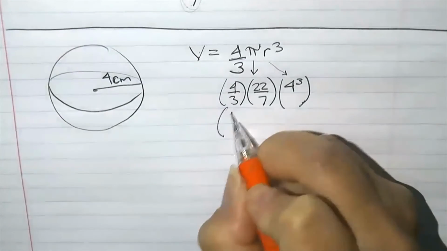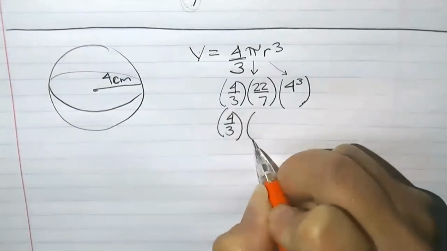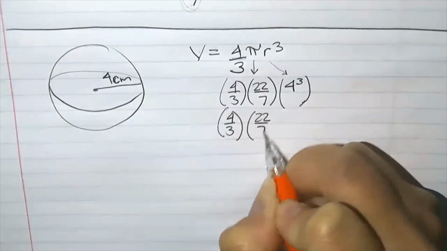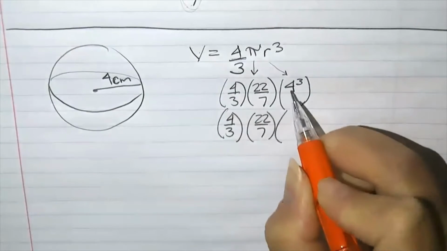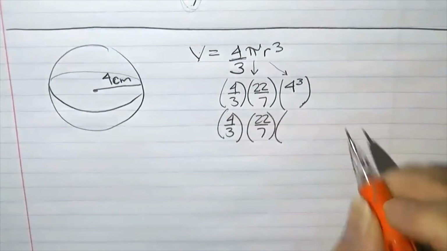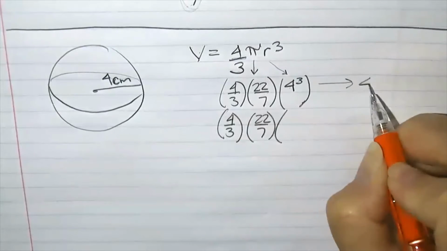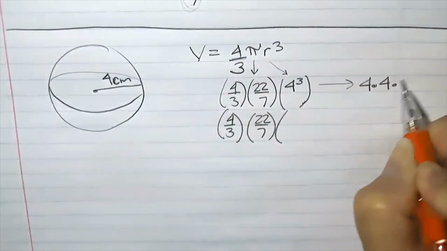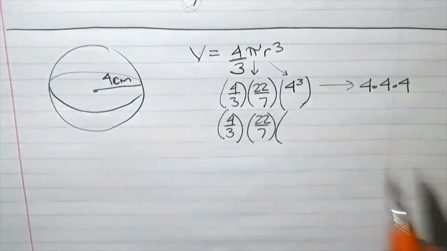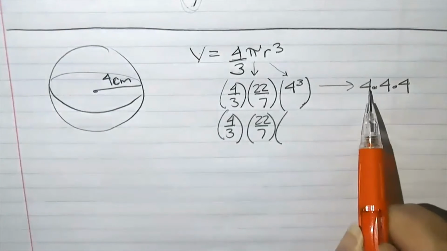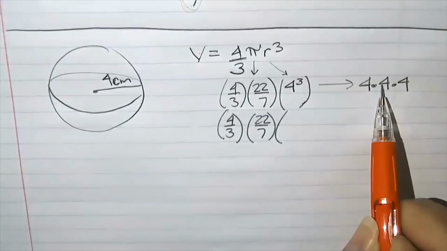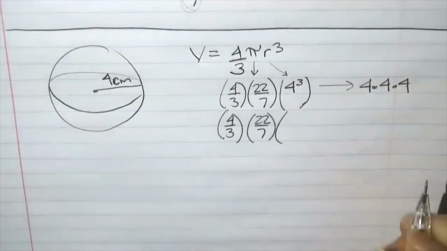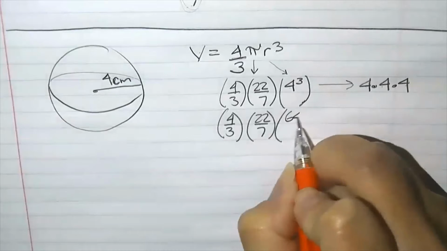So I'm going to bring 4/3 down again, and I'm going to bring down 22/7 again. 4 to the 3rd power is telling me 4 times 4 times 4. I have 3 4s. 4 times 4 is 16, and 16 times 4 is 64.